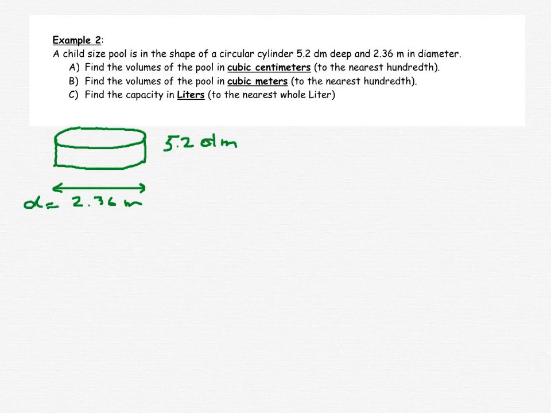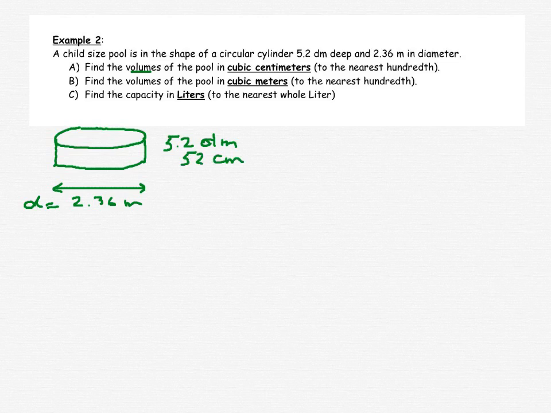Now, the first thing that I would do is read the question and figure out what unit is required. For part A, you are required to find the volume, but the question says in cubic centimeters. So I'm going to convert all my measurements into centimeters. 5.2 decimeters: decimeter to centimeter, you multiply by 10, so it's going to be 52 centimeters.